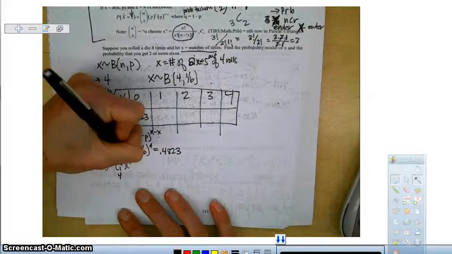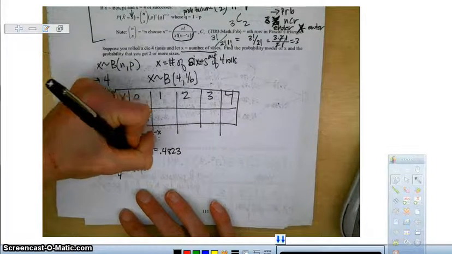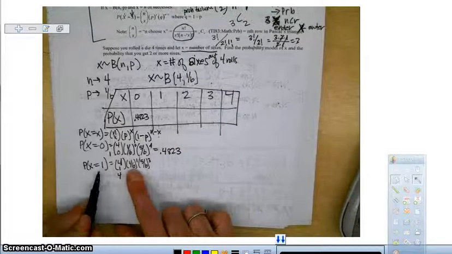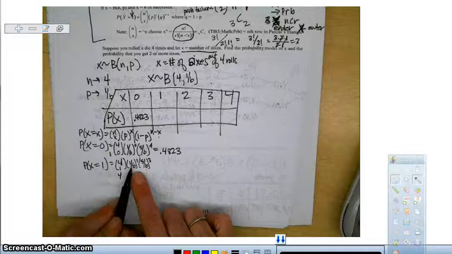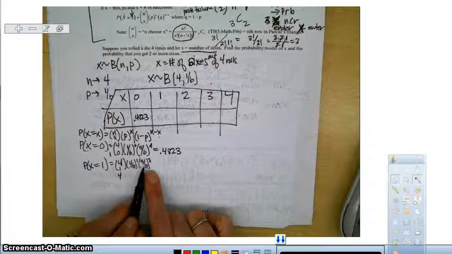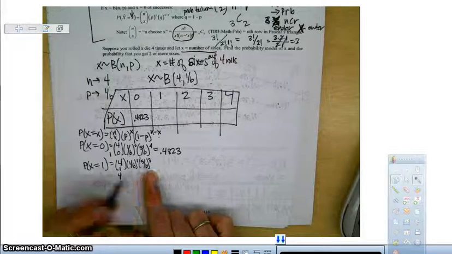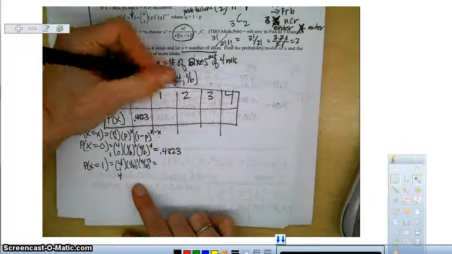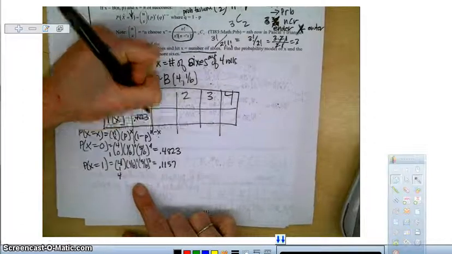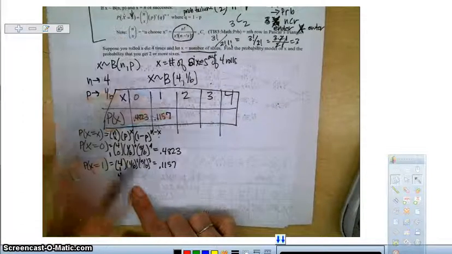So then I'm going to take 1/6 to the first power and 5/6 to the third power. I had 1 success, so the probability of success is taken to that power, and there are 4 trials, so the other 3 were failures. If you multiply those, you get 0.1157.